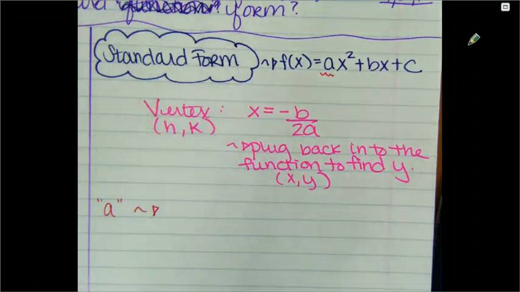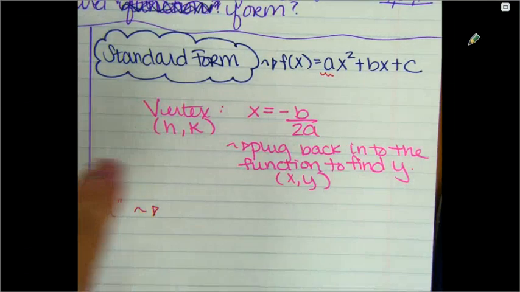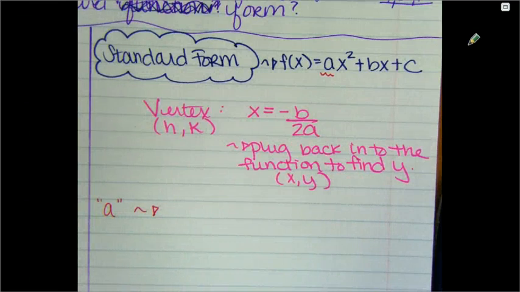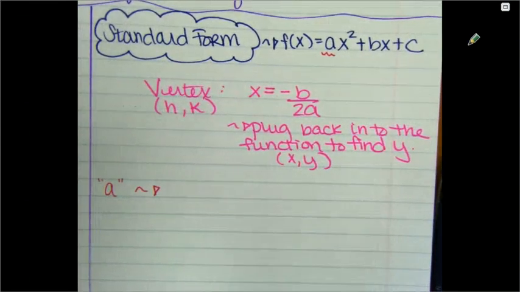Oh, positive. Positive, it's what? Up, and negative, it's down. It also told us then if it's down, it has a maximum, and if it's up, it has a minimum, okay?